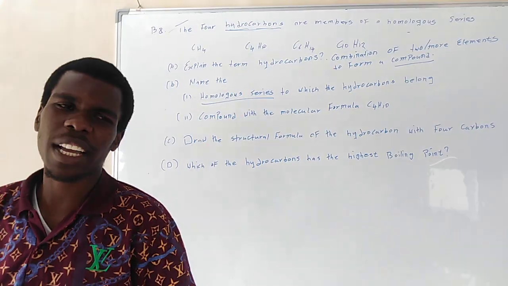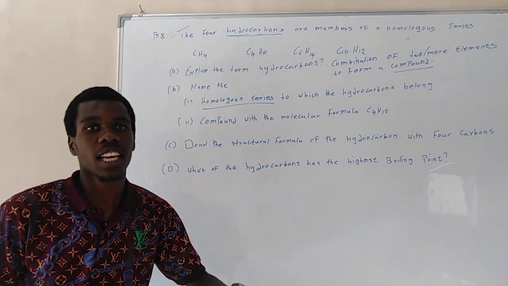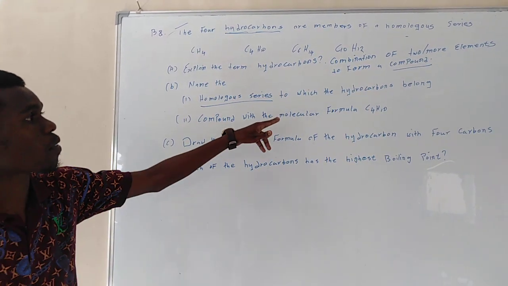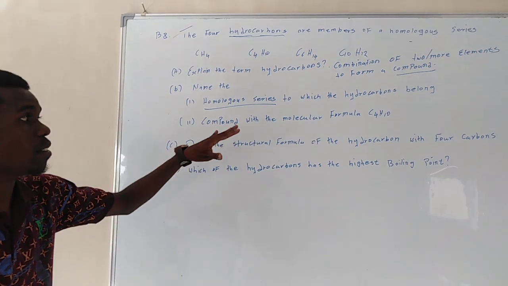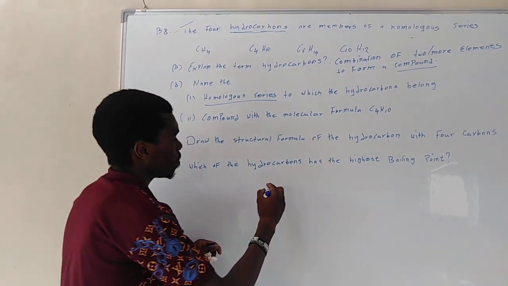A homologous series is a series of compounds that have a different number of carbons but the same functional group.